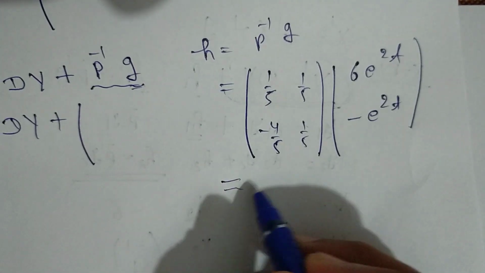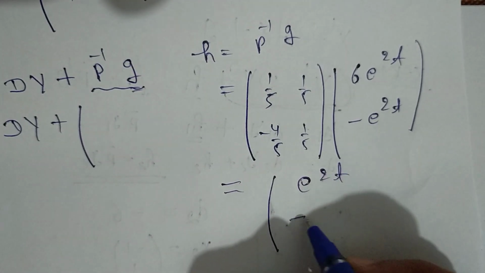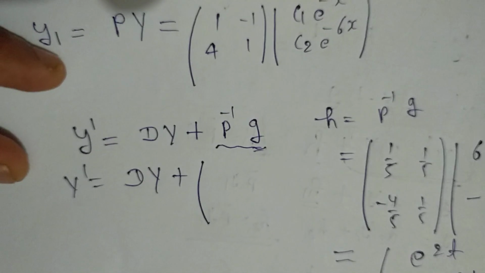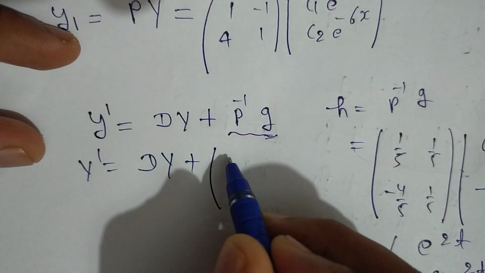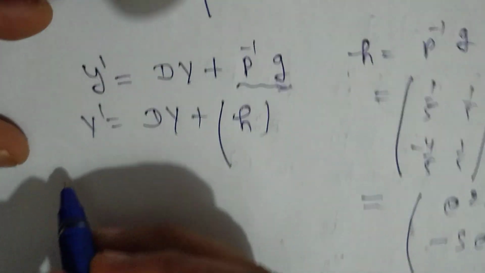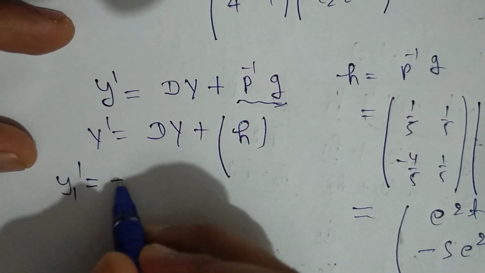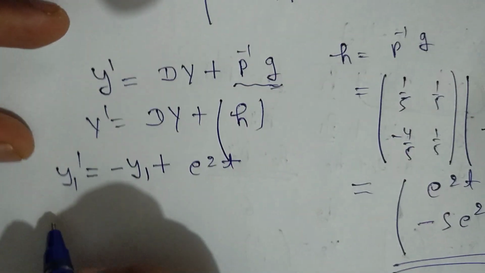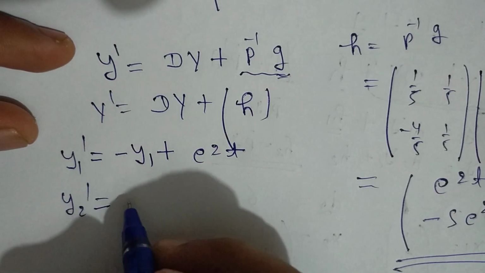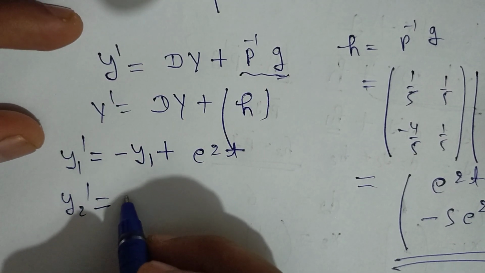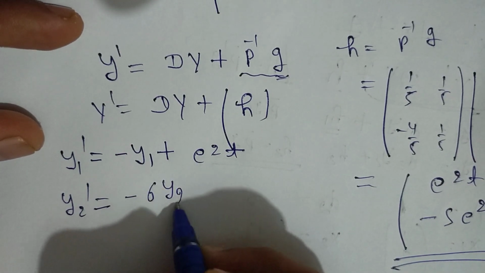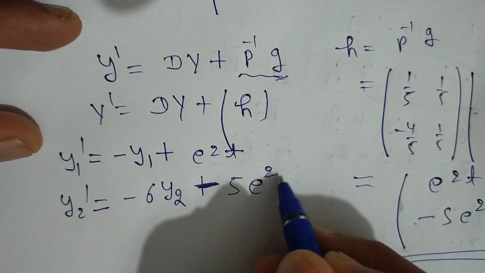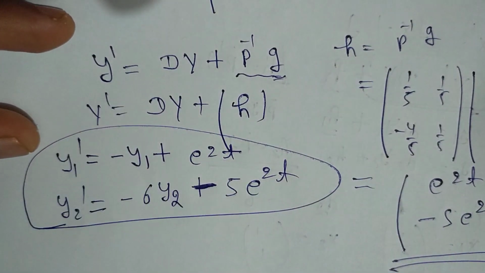If we simplify, we get [e power 2t; minus 5 e power 2t]. So this is your h vector. Your first equation will be y1 dash equal to minus y1 plus h1, where h1 is e power 2t, and the second one y2 dash equal to minus 6 y2 plus h2, equal to minus 5 e power 2t. So this equation we have.